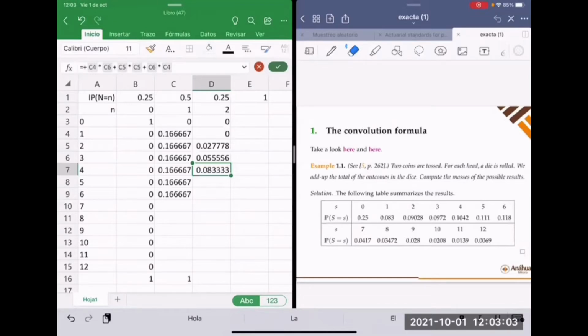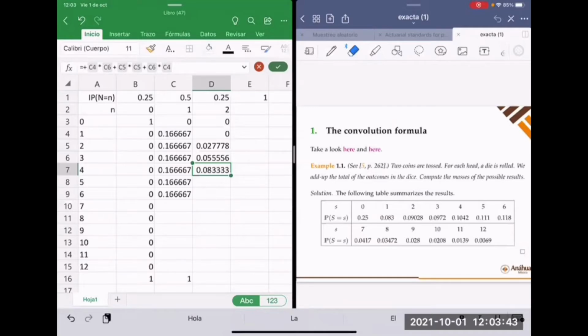So if I have the mass functions of the first die and of the second die here, then I have to go upside down in one of the distributions, and upwards in the other one.